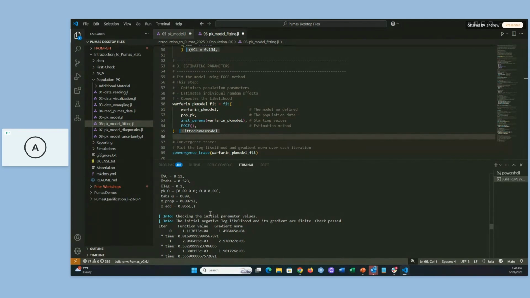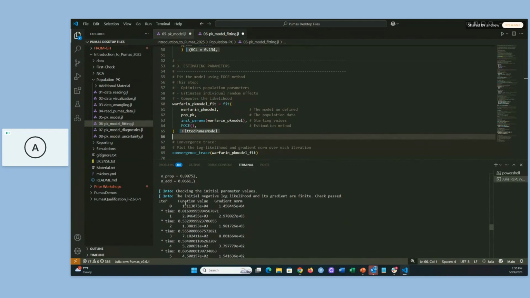We want to make sure that what we are putting in isn't just some random number, because you can run into problems where your model won't fit because you're 1,000-fold off the initial base, and it's just not able to converge on any form of solution or estimation. So it's checking that first before it starts ticking through iterations.